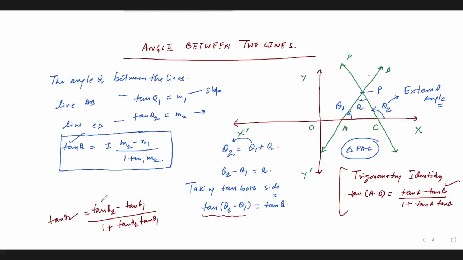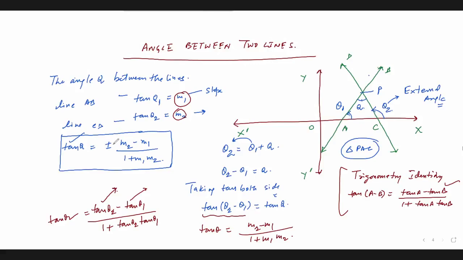And I told you I have taken tan theta 2 as m2, and tan theta 1 as m1. So my formula becomes m2 minus m1 upon 1 plus m1 m2. So I get here that tan theta is m2 minus m1 upon 1 plus m1 m2.